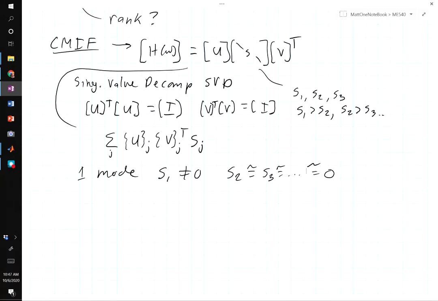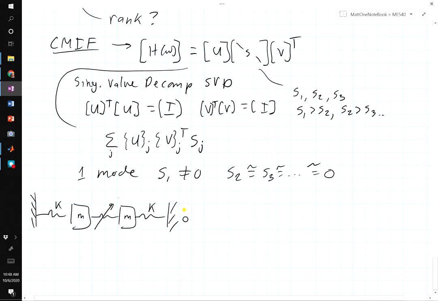So let's say that we have our two-mass system again. So this was our system, only I'm going to break it here. I'm going to make this spring approximately equal to 0. We could even make it exactly equal to 0 if we want.